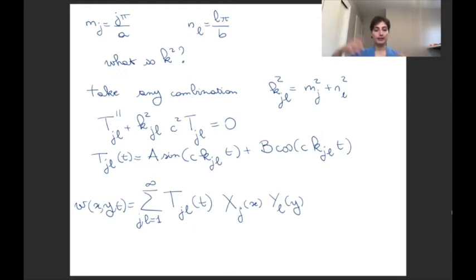And now combining all the results from the Sturm-Liouville problem in x, the Sturm-Liouville problem in y, and the ODE in t, we have W, our solution of the wave equation on the rectangle, as an infinite sum on j and on l. So both j and l go from 1 to infinity, and we have T_jl, X that only depends on j, and Y that only depends on l.